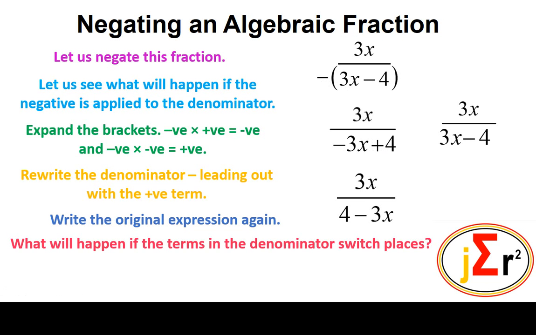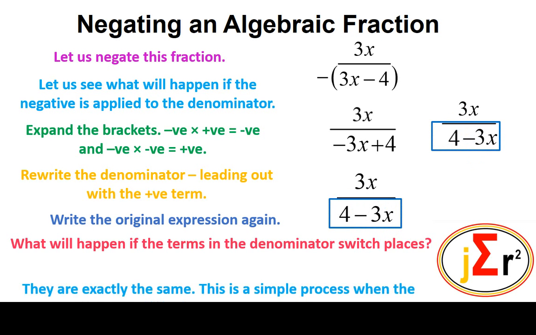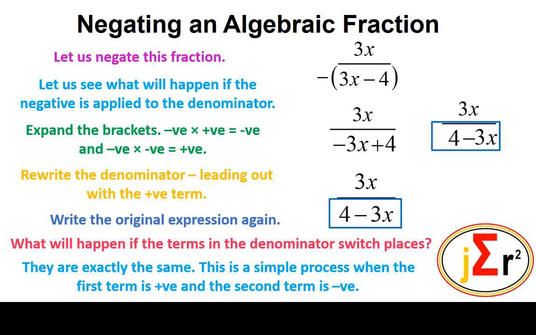And in the end, we chose to place the positive sign first. This is what we have now. So it is just a matter of exchanging places with the two terms. And we know that it is not just magical, but it is also mathematical. They are exactly the same.